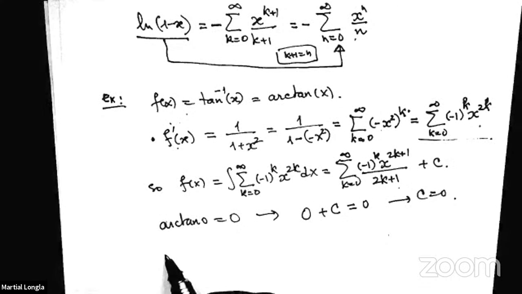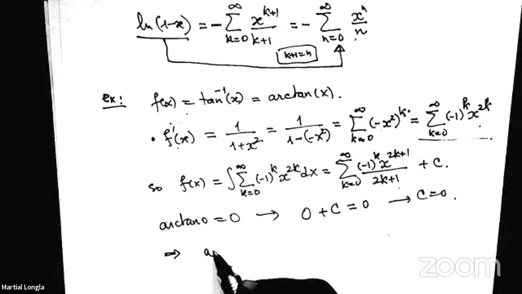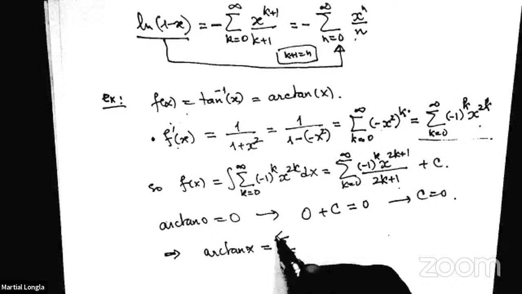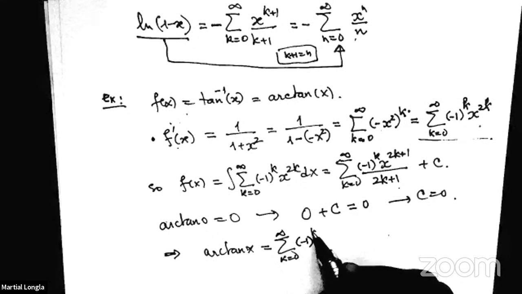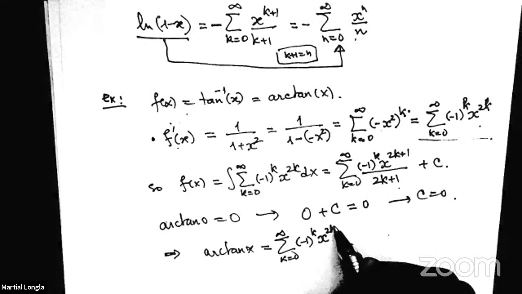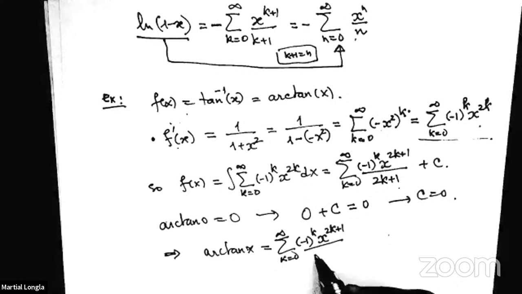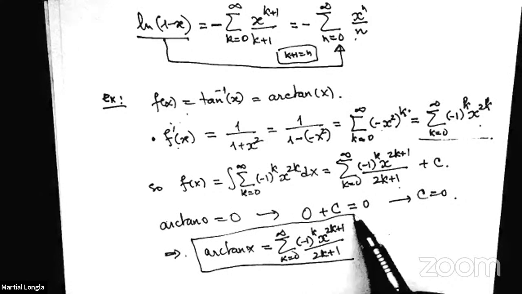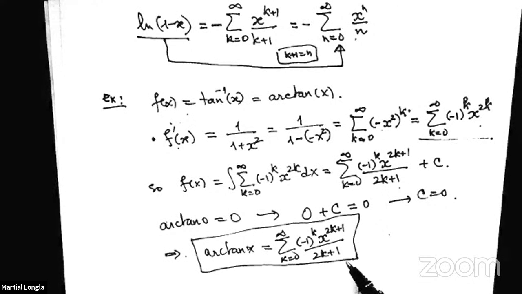And therefore, you have arctangent of x is nothing but sum k from 0 to infinity, negative 1 to the k, x to the 2k plus 1 over 2k plus 1. Notice also that this somehow looks like sine, right?